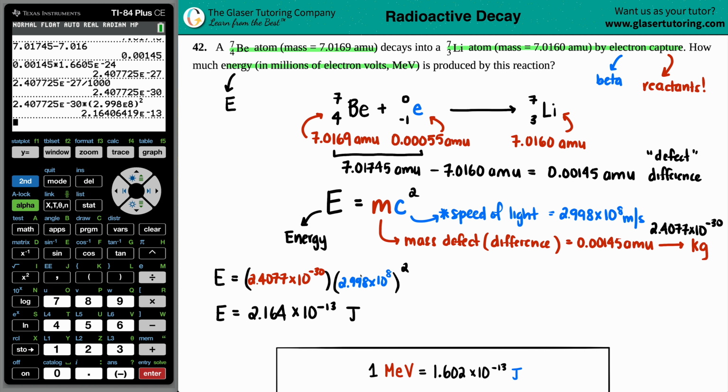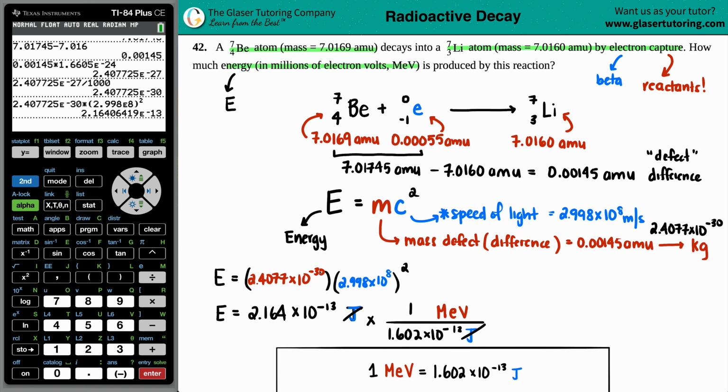But now the last thing we need to do is convert it into millions of electron volts, million or mega, it's the same thing. And I have that conversion down here. So if we want to, times by a ratio. We don't want joules anymore, so joules goes on the bottom. We want millions of electron volts, so MeV. 1 million electron volt equals 1.602 times 10 to the negative 13th joules.